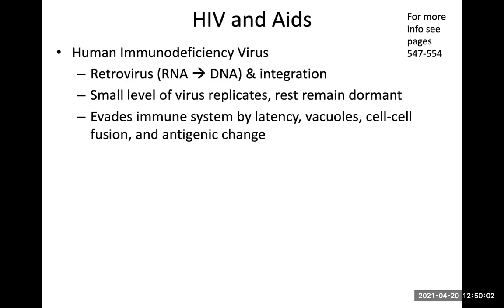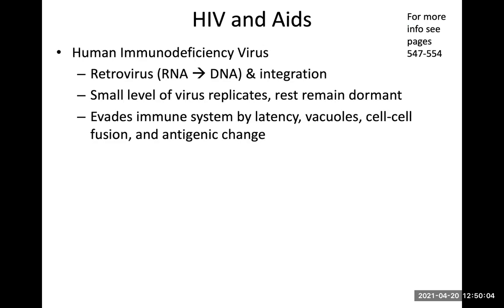Okay, so a little bit more about HIV. HIV is the virus, right? And a person can be infected with HIV and get treatment and never develop AIDS. So you do not have to develop AIDS if you get infected with HIV. Okay. And there's a lot of information in your textbook about HIV.